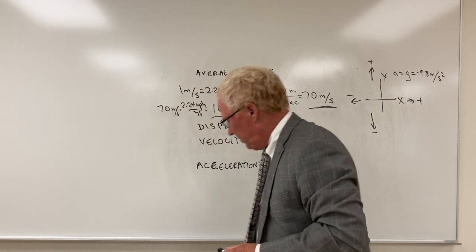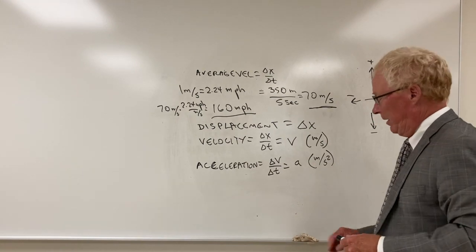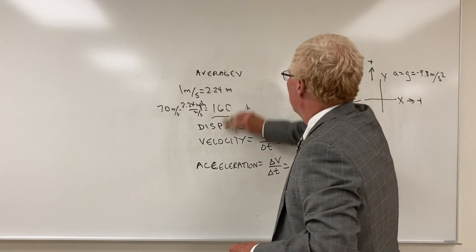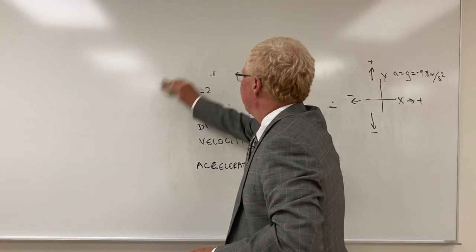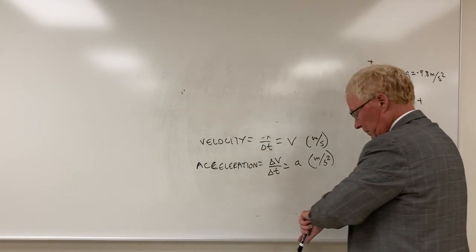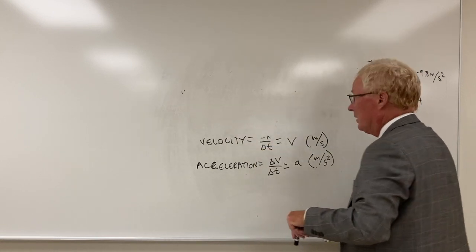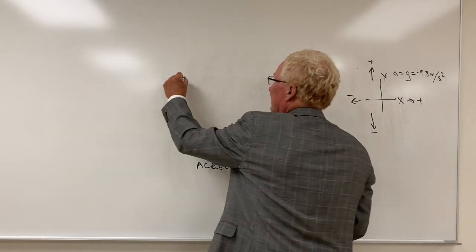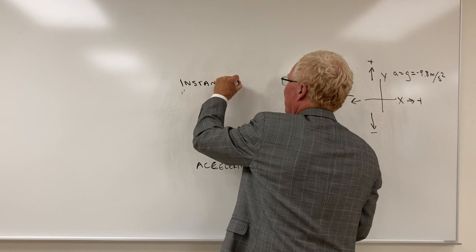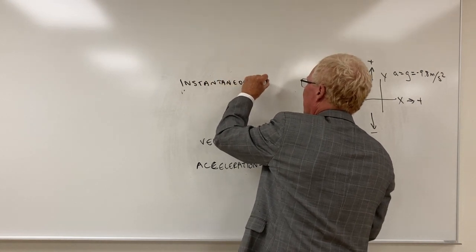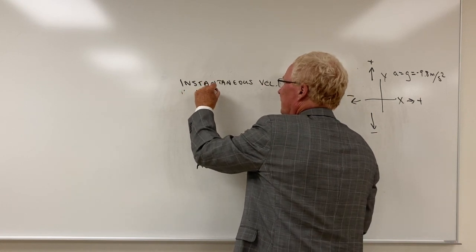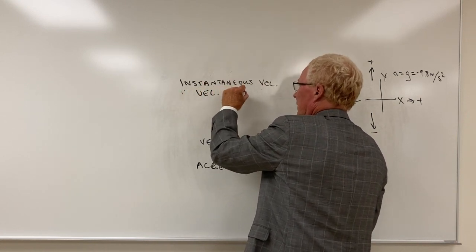All right. Instantaneous velocity, on the other hand, is velocity at a given moment.